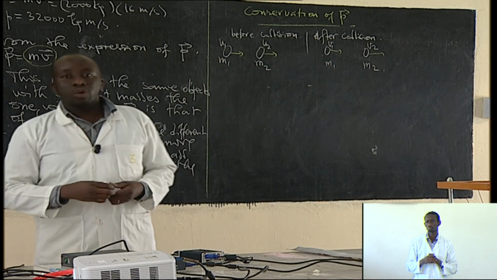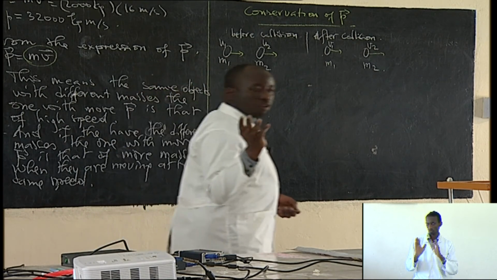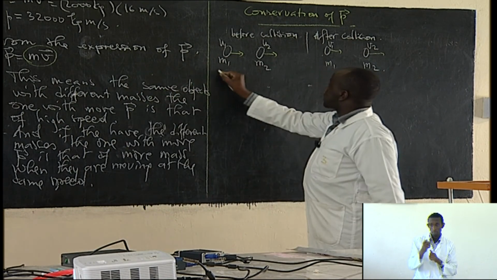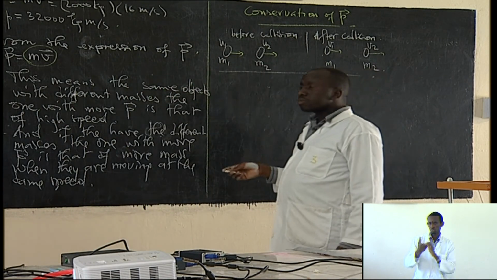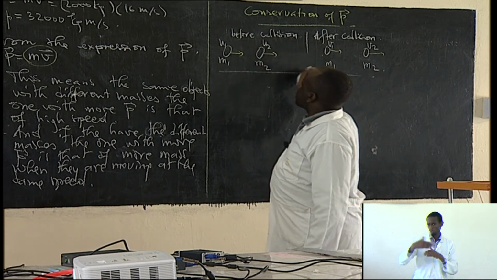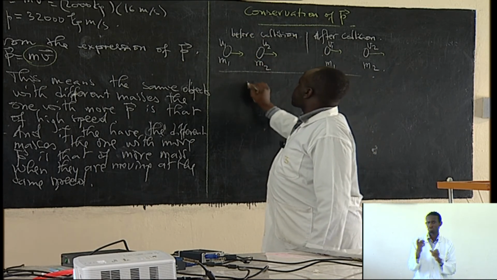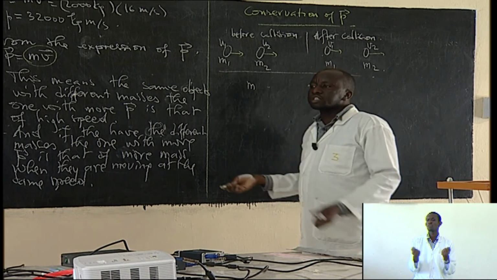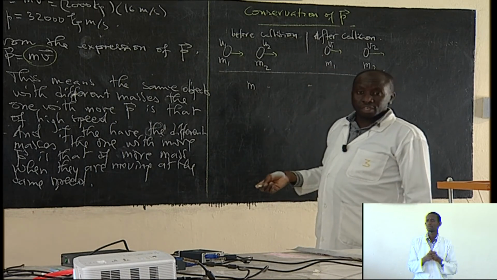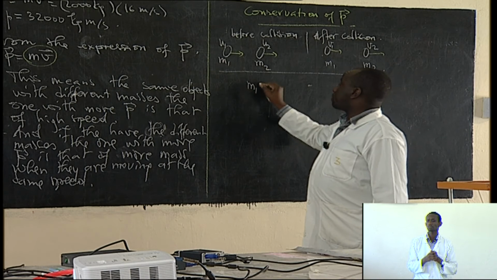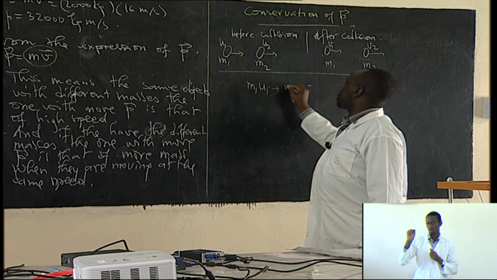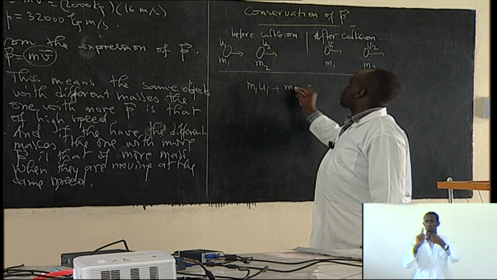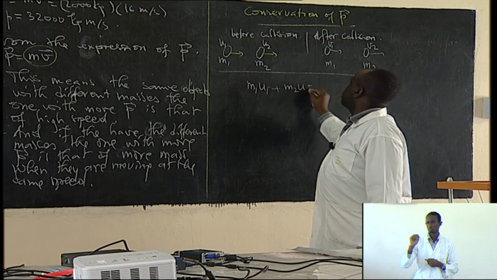Then the conservation law of this linear momentum is telling us that after this collision, there is a conservation of this linear momentum. Here we have m1u1 plus m2u2.